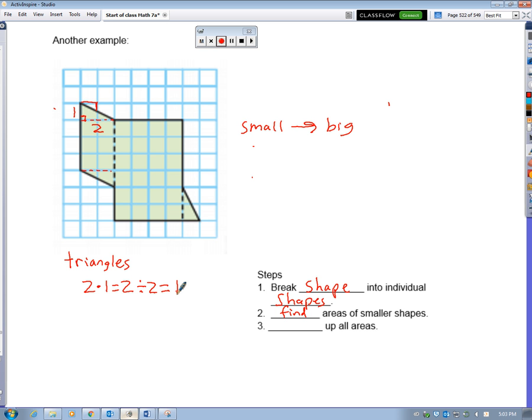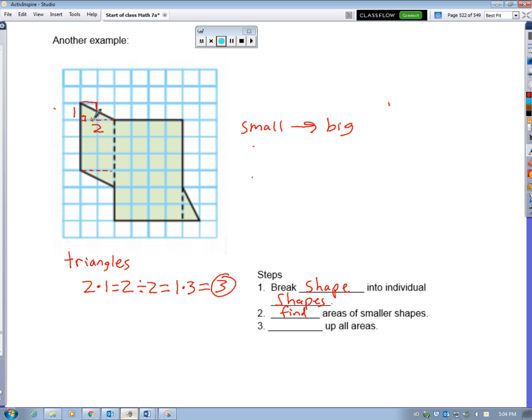So each triangle has an area of 1. I have 3 of them, so I'll take that 1 and multiply by 3. I'm doing this so you can see the steps if you're watching along. There's my final area for the triangles: they all have an area of 1, so we have 3 total for the triangles.